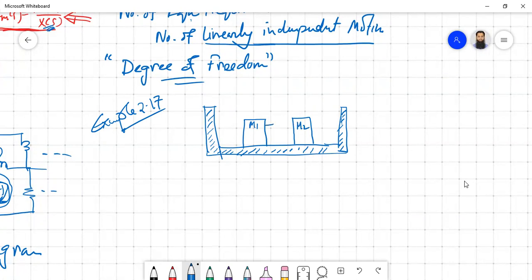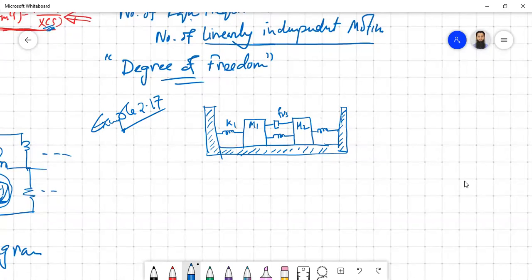In between them, they're connected with a damper and a spring. This one also has one spring connected here, another spring here. So this is the coefficient of this one, K1. This is FV3.